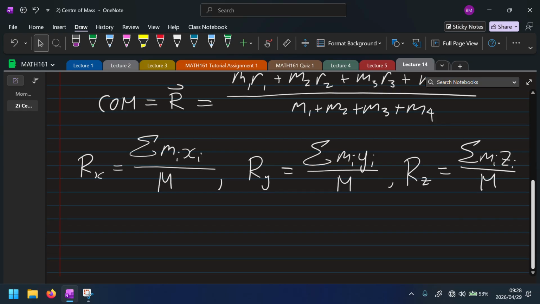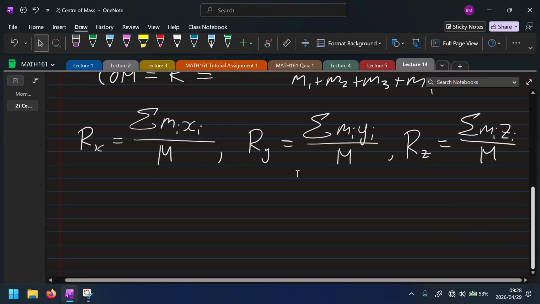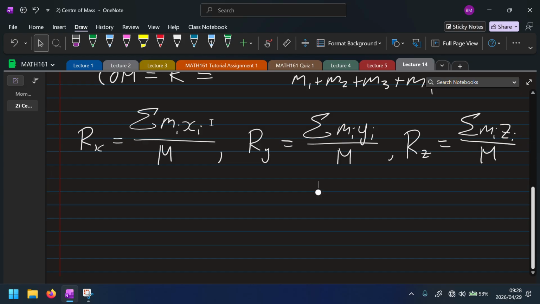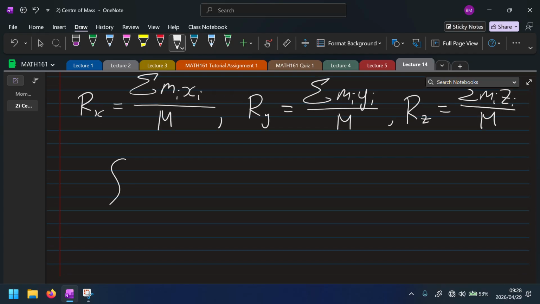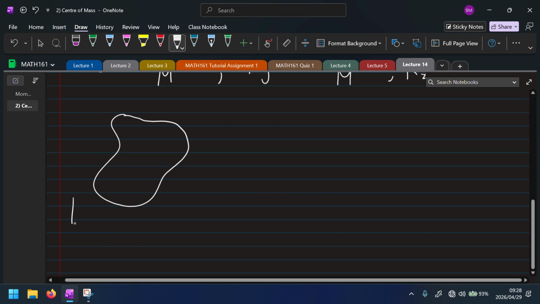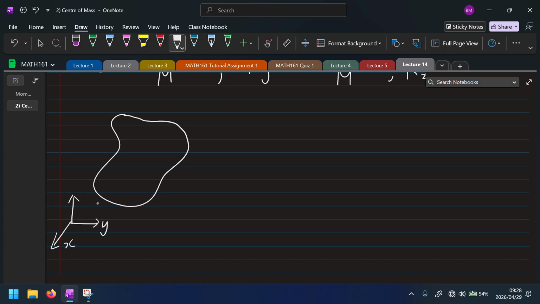Okay, so what we're going to do now is move away from these points and look at the center of mass for a solid object. So not a bunch of points that we can add, but a solid object. Let's draw a picture. Again, we've got our coordinate system, some origin O. Now it's not a collection of individual points.